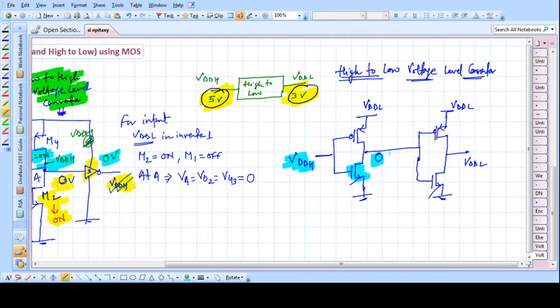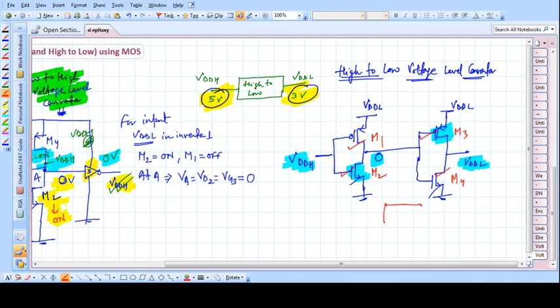And when 0 is there, this becomes on, then the output becomes VDDL. So low to high uses more transistors, but high to low uses very few transistors, only 1, 2, 3, 4, say M1, M2, M3 and M4.